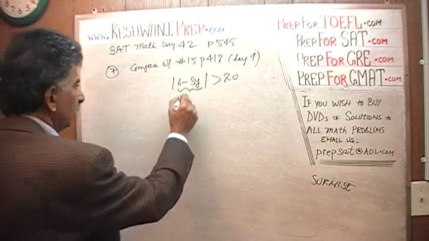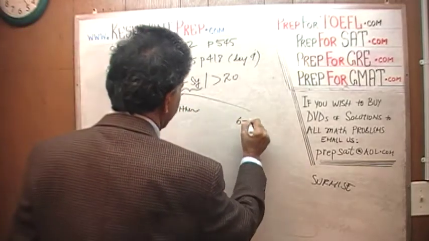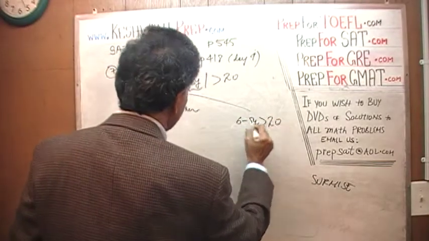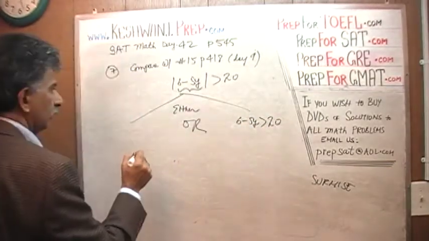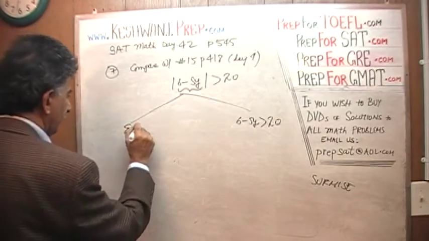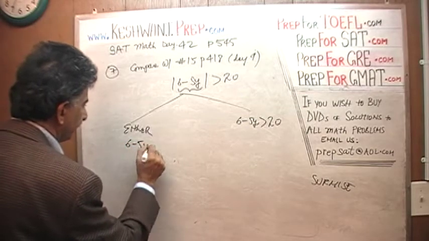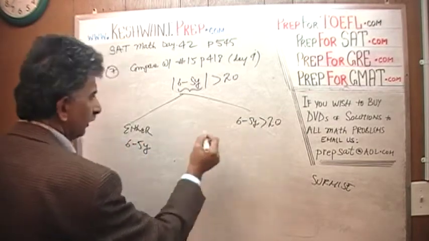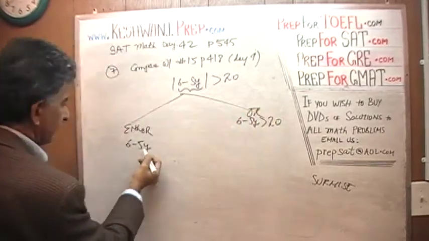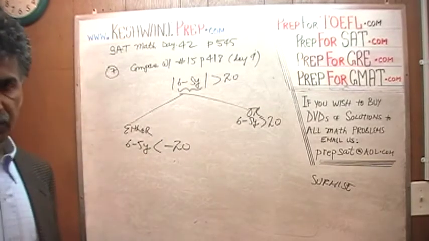That's all. So here, either 6 minus 5y is more than 20, or 6 minus 5y is less than -20. These are the two possibilities.